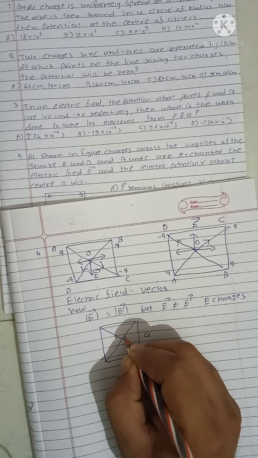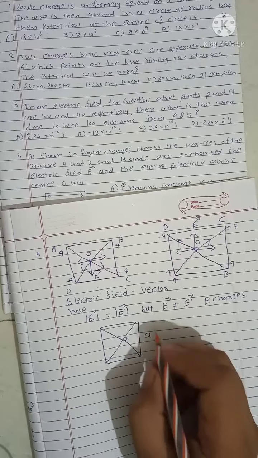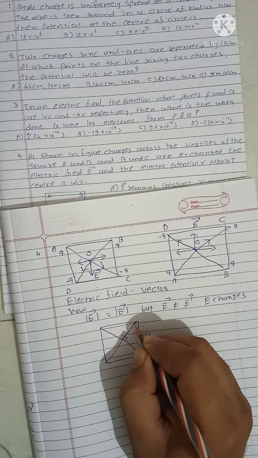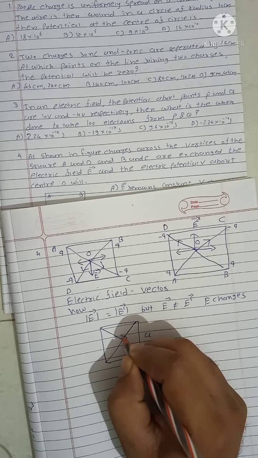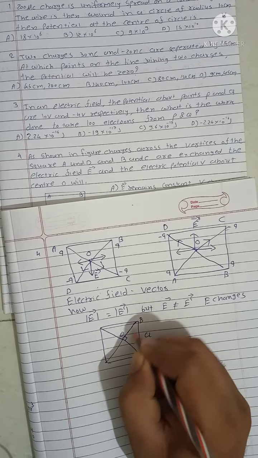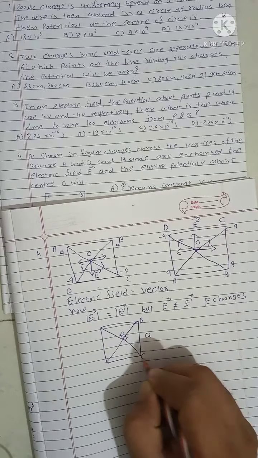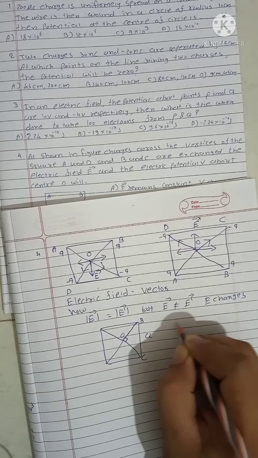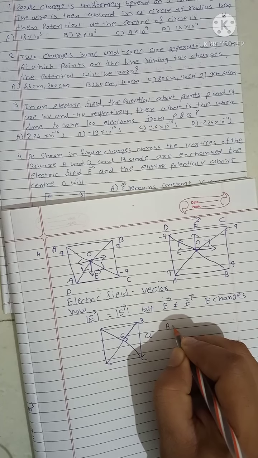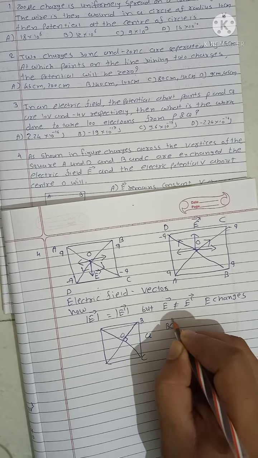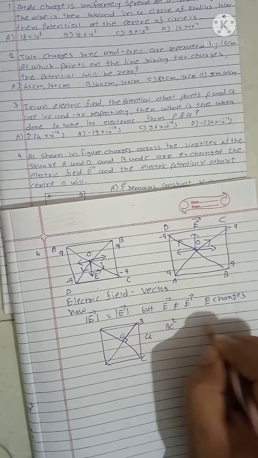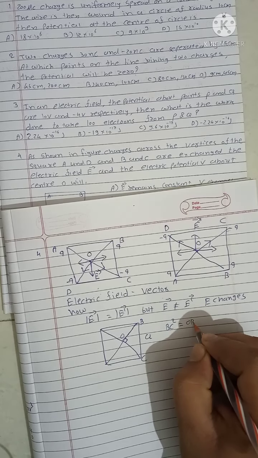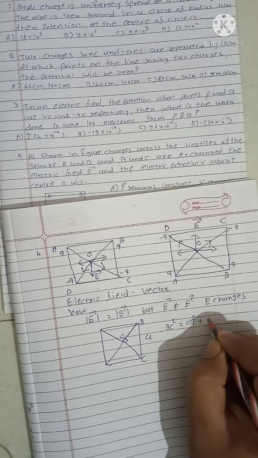At the center it becomes a right angle. Applying Pythagoras theorem, BC square in this figure is equal to OB square plus OC square.